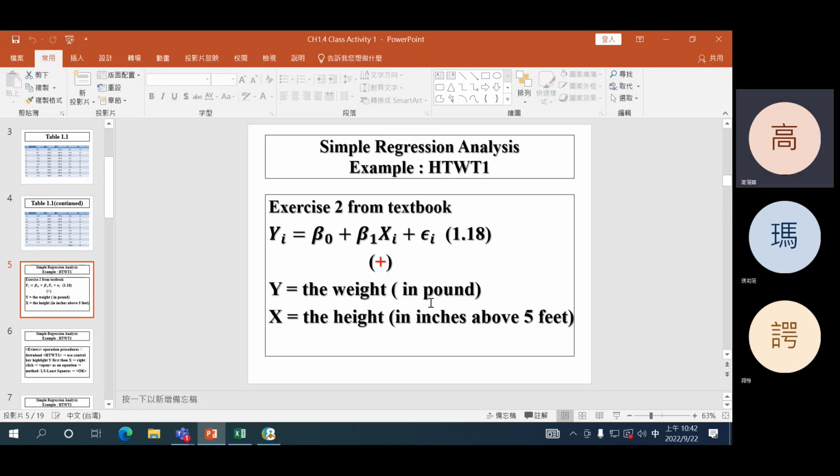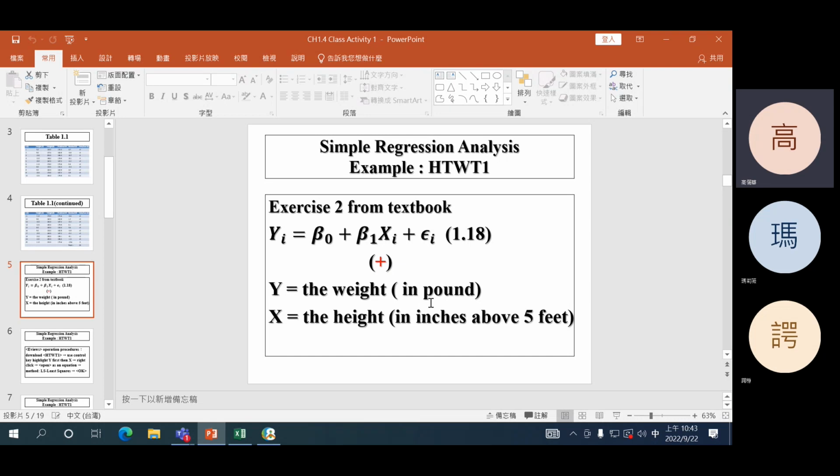And what's the X? You should be very careful. The height is in inches, so the definition is inches above 5 feet. In Taiwan, for height we're using centimeters. Usually in the Western style, they're using feet and inches, right?